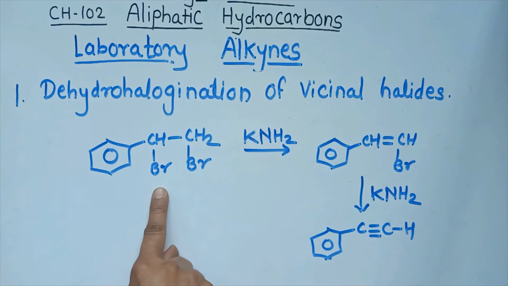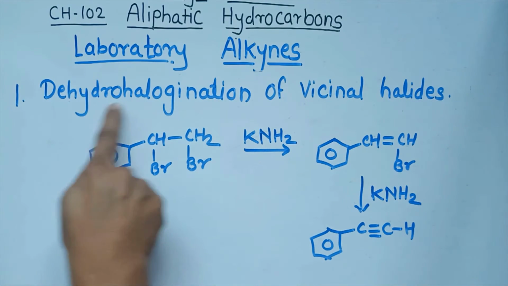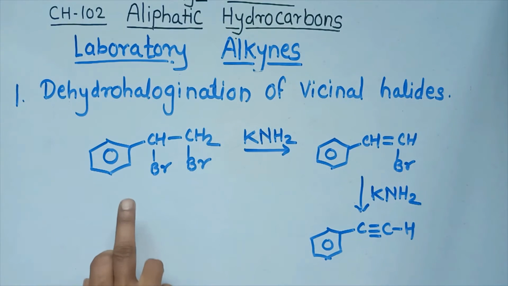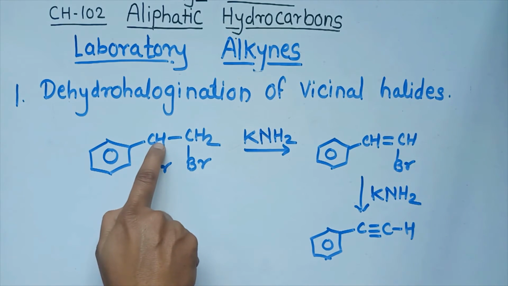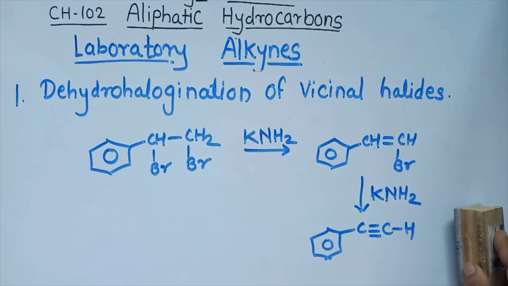Okay, this is a vicinal compound. From the vicinal compound, we remove the hydrogen and halogen. Hydrogen, halogen get removed. So this hydrogen and these two halogens get removed, and there is a formation of an alkyne. So this is one of the laboratory preparations of alkynes. Okay, it is clear.